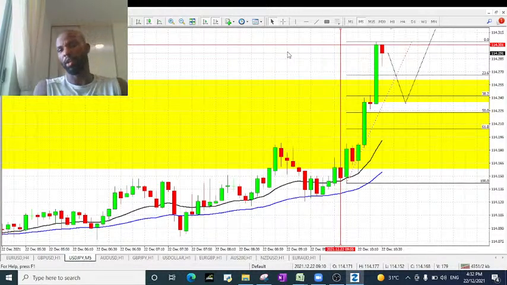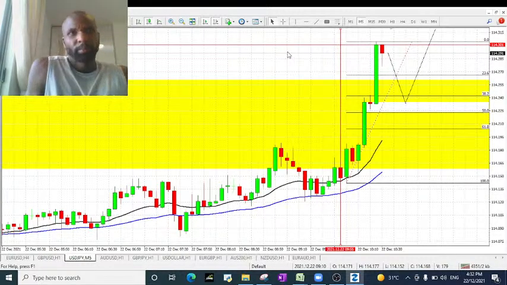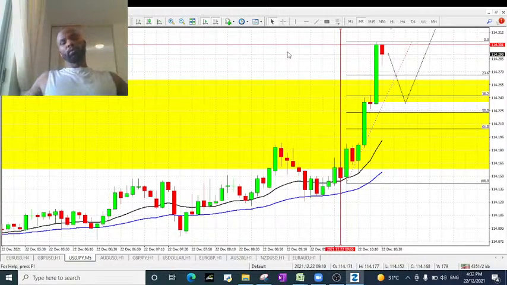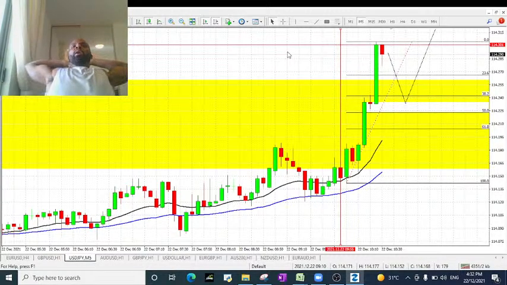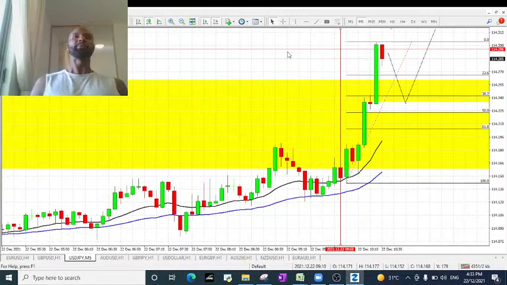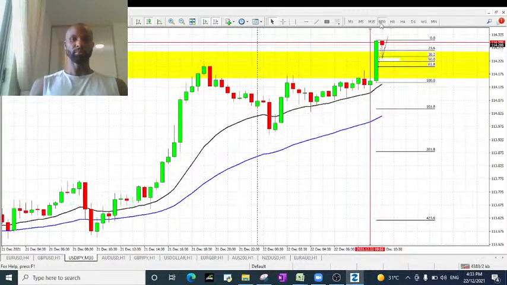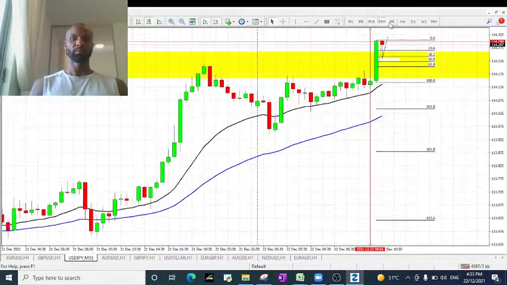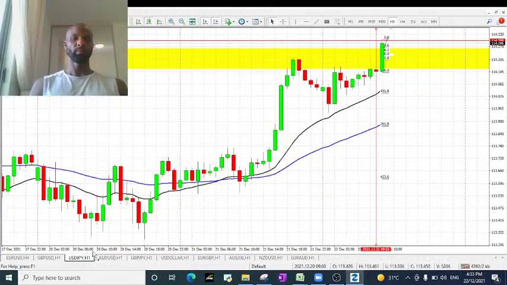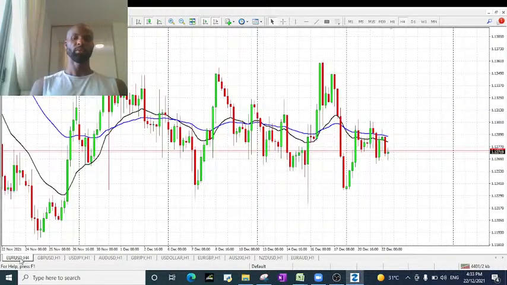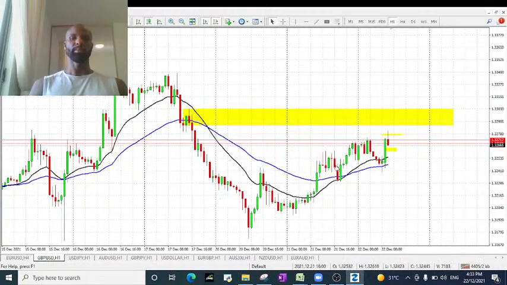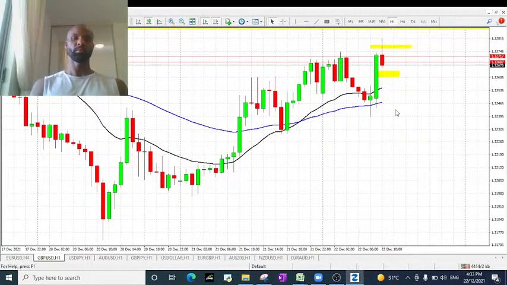If it sets up really well, that might be our trade for today. And it broke that zone with huge momentum. Pound yen seems like it's rejecting, but the probability is gone. If it comes down here now, we're not going to be taking buys. Probability is gone.